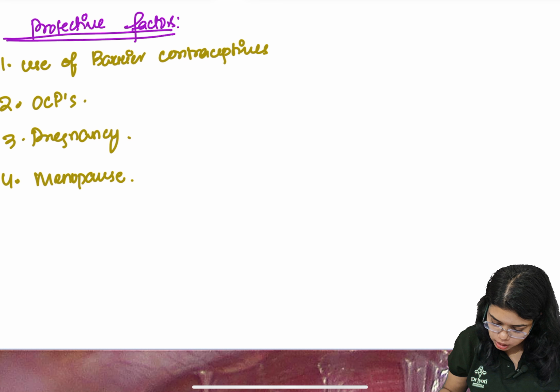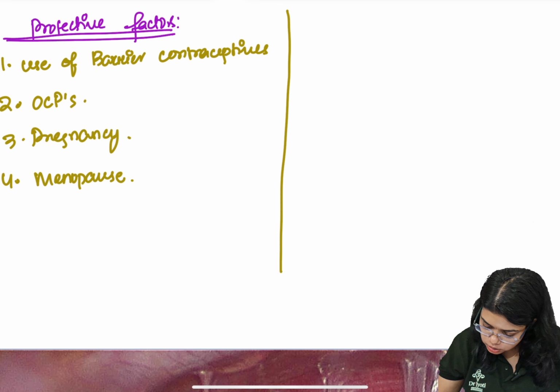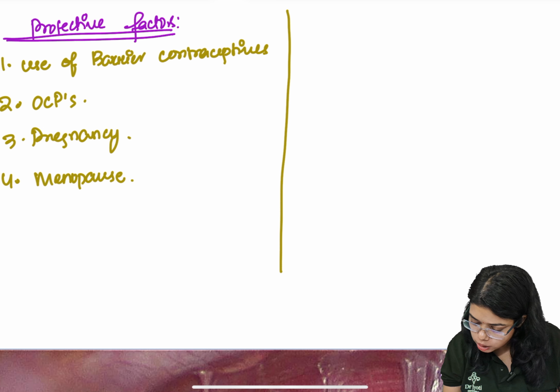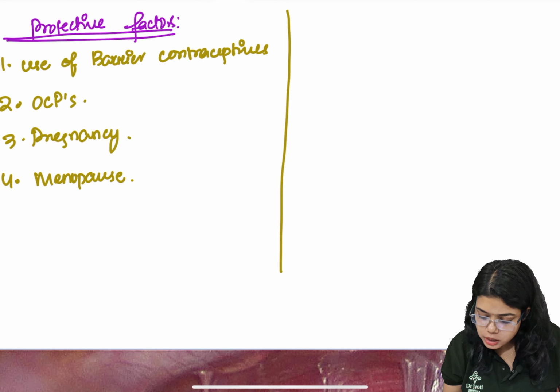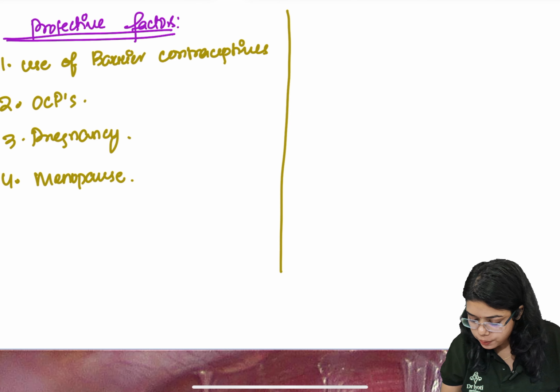And what is violin string appearance? This is one of the findings that we see on laparoscopy. We visualize some violin string adhesions. What happens when the fallopian tube is affected?